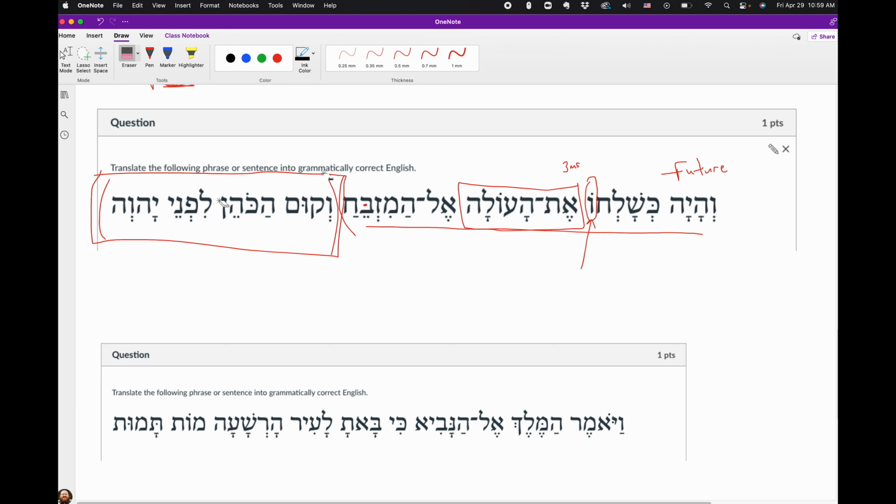So that's why I translate this as, if we want to include vehaya, we would say, it shall come to pass. That may be familiar from the King James of the Old Testament. Vehaya is probably the Hebrew behind that. It shall be, it shall happen, it shall come to pass that when he sends the burnt offering to the altar, the priest, our subject, will arise, will stand up before Yahweh. Now, unless you know a lot about how sacrifices work, it's a little disjointed.